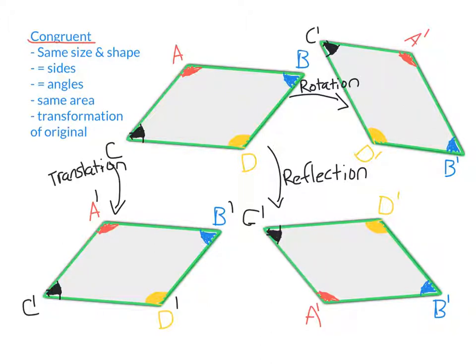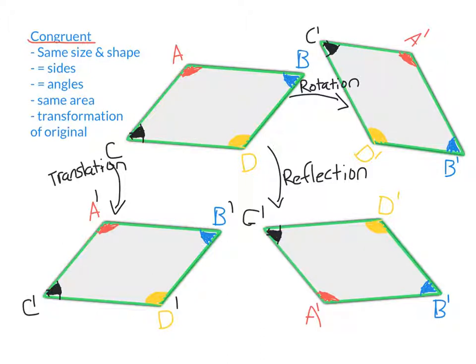It wouldn't matter whether or not the original shape was a parallelogram: if you take any shape and rotate, reflect, or translate it, you get another shape that is the same size, same area, same side length, same angles. You get a shape that is congruent. So two shapes are congruent if one is just a rotation, reflection, or translation of the other.